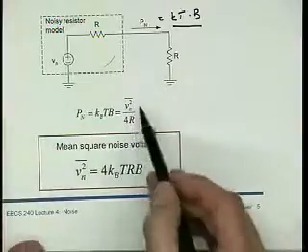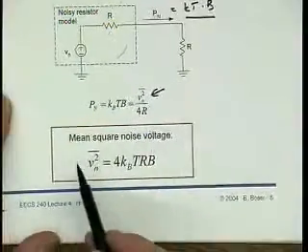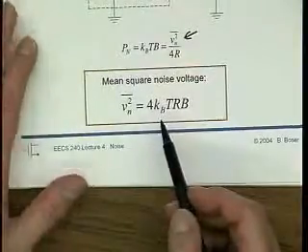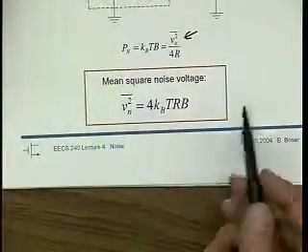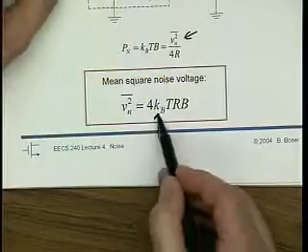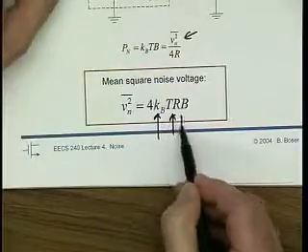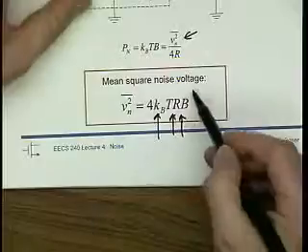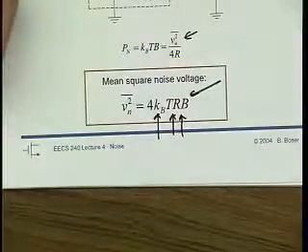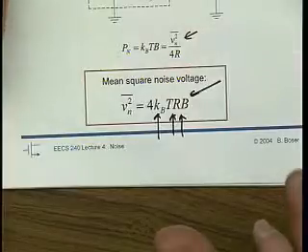Okay. Now we can solve for Vn squared, and we get an expression for the thermal noise of a resistor, which is 4kTRB. And so k is the Boltzmann constant, T is the absolute temperature, R is the value of the resistor, and B is the bandwidth.